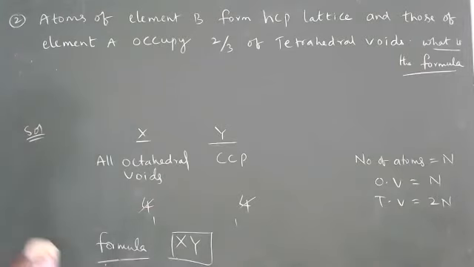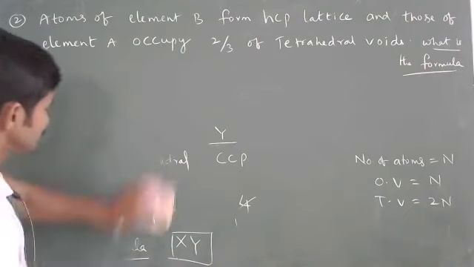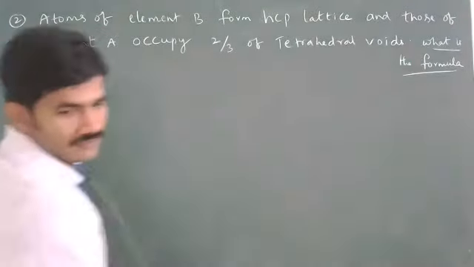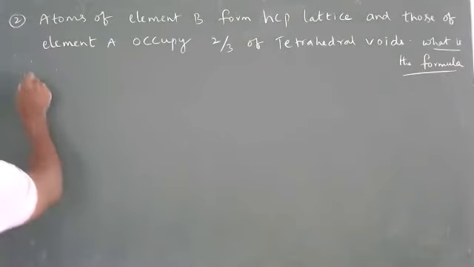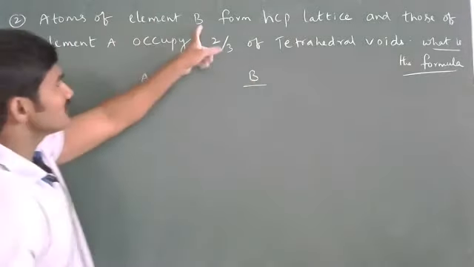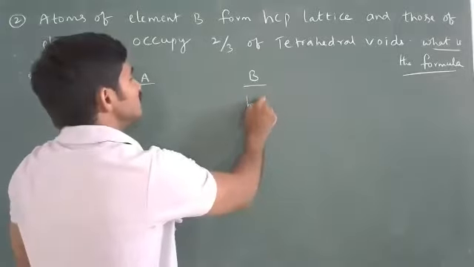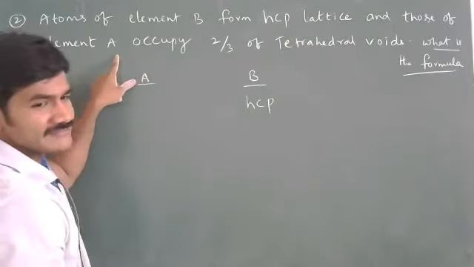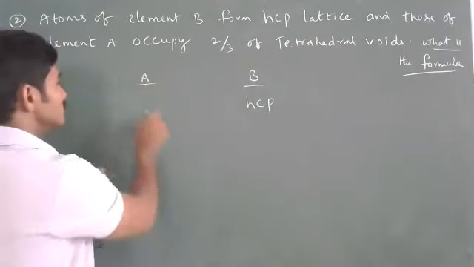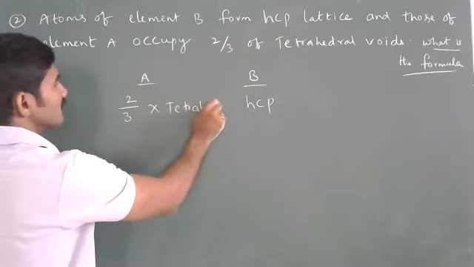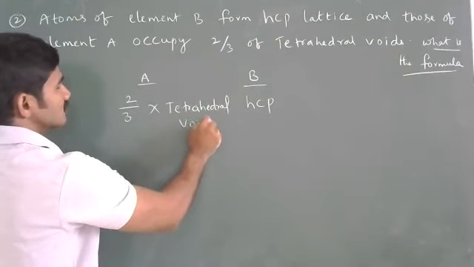Yes, A4B3. You see, I'll write here two atoms, A and B. They are telling that atoms of element B form HCP, and those of element A occupy 2/3 of tetrahedral voids.